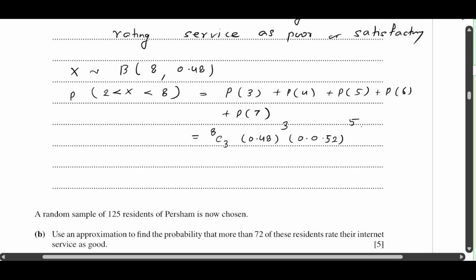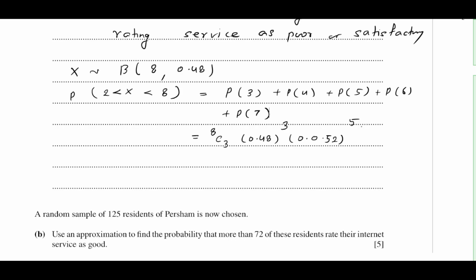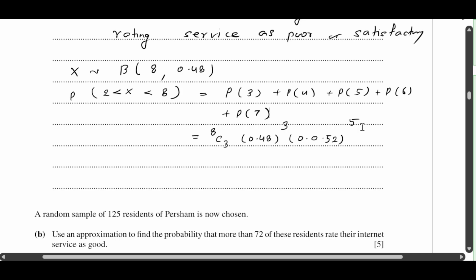One minus, if I do that, I can subtract 1, 2 and 8, or I have to add these 5 terms. Zero, 1, 2, 8, okay, 4 terms.